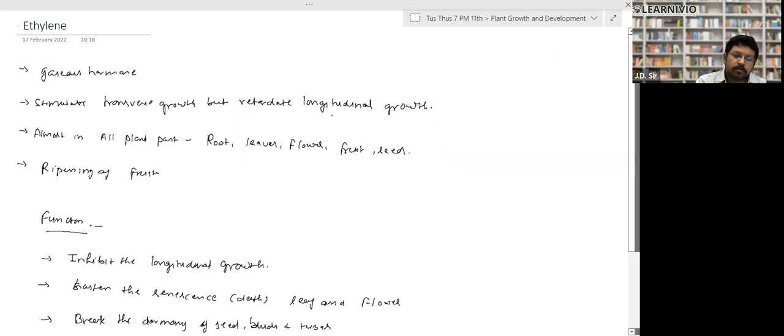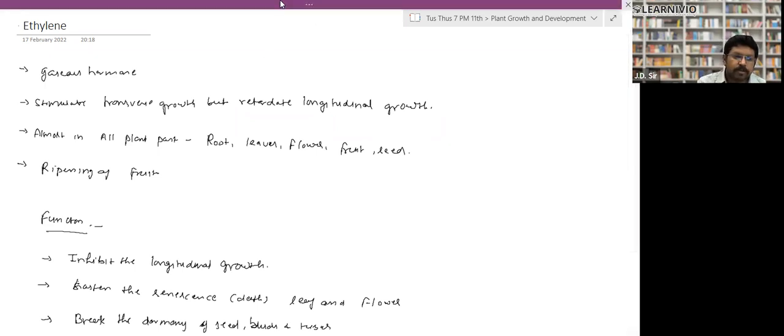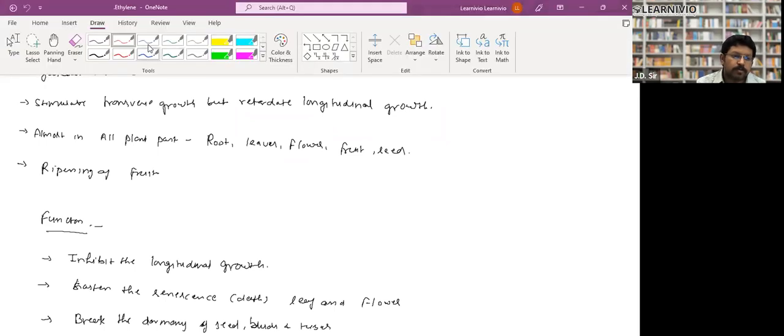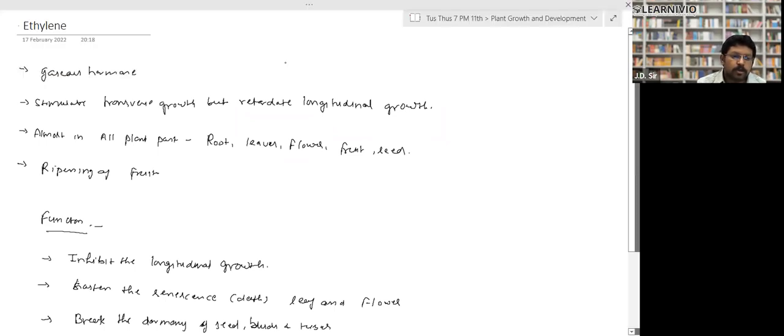This is responsible for stimulating the transverse growth, so it increases the size of branch. Suppose this is the plant. It is responsible for increasing the growth of branch.